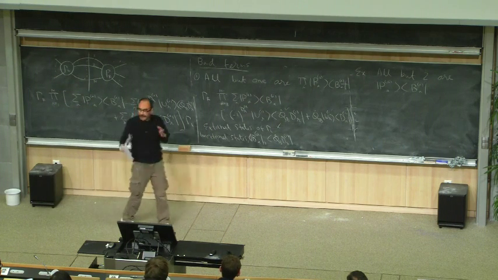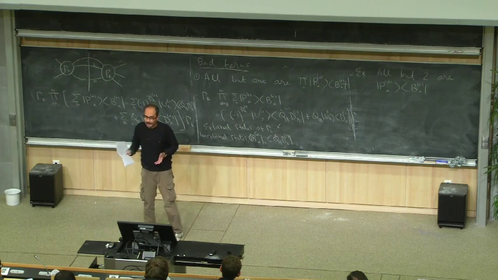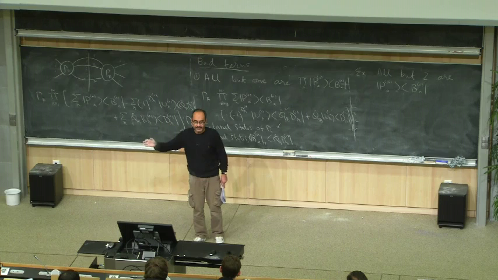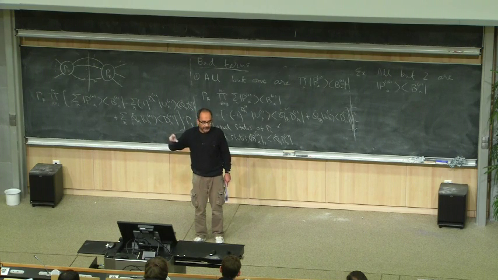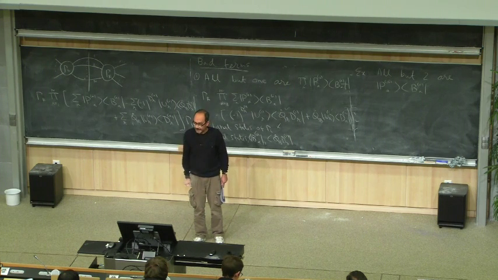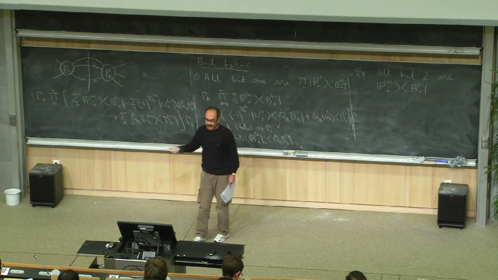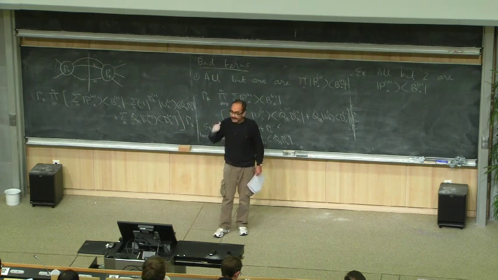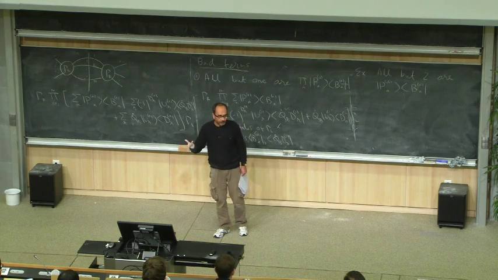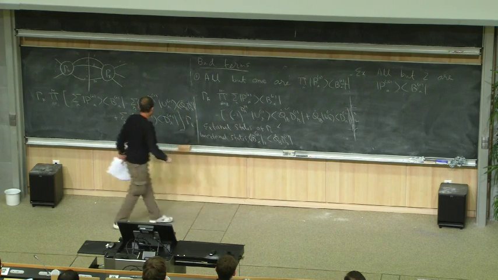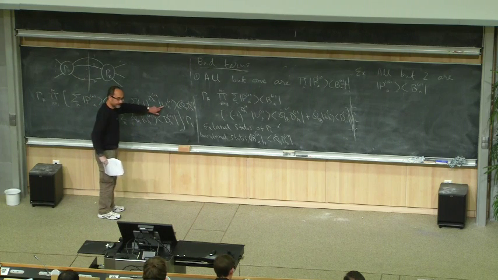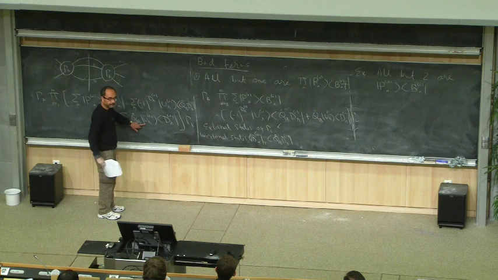2 of them will vanish trivially. 2 of them will vanish because on gamma L, in one of them, you have physical states and 2 pure gauge states inserted. That vanishes again by the Ward identity that we had yesterday. And another term will have a similar feature for gamma R. But then there are 2 terms which are not manifestly 0, because you could have, for example, in gamma L we insert this and this from the first term and this from the second term.